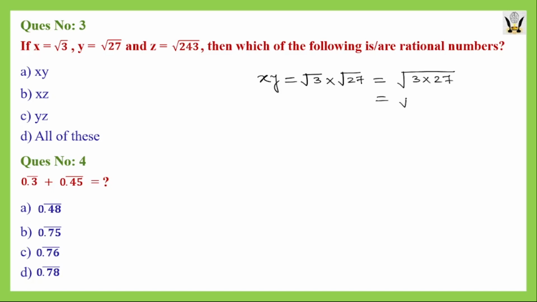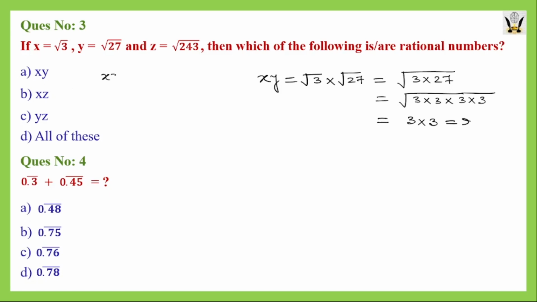Now if we factorize 27, it will be 3 multiplied by 9, and 9 is also 3 multiplied by 3. So within this square root, we have an even number of 3s. So when it comes out of the square root, it will be 3 multiplied by 3. Right? As within the square root we have 4 threes, outside the square root we will have 2. So it will be 9, and 9 is a rational number. So this option is true.